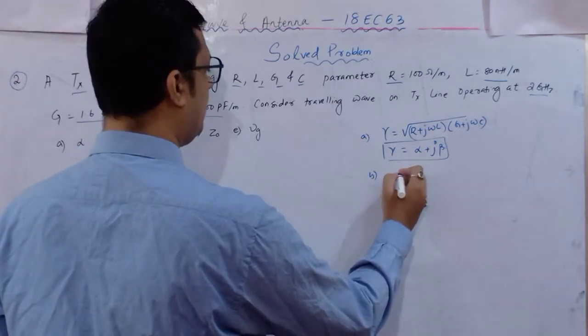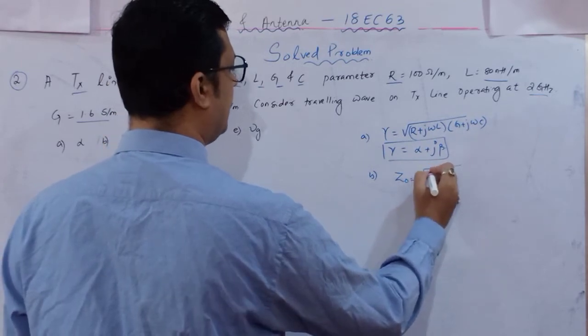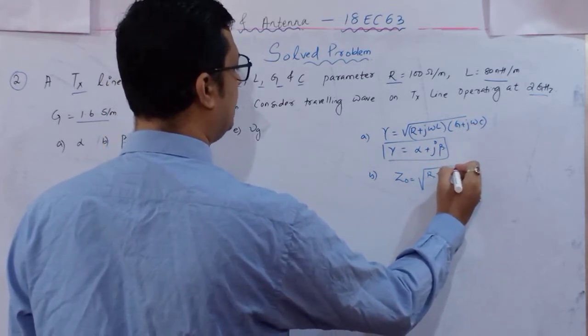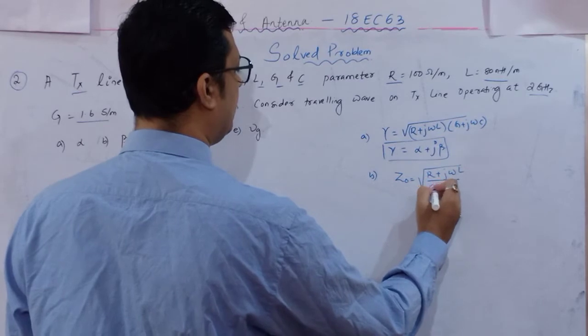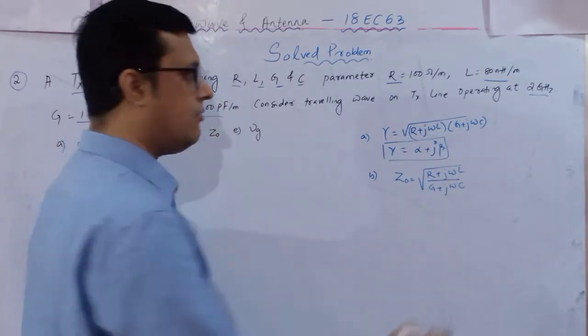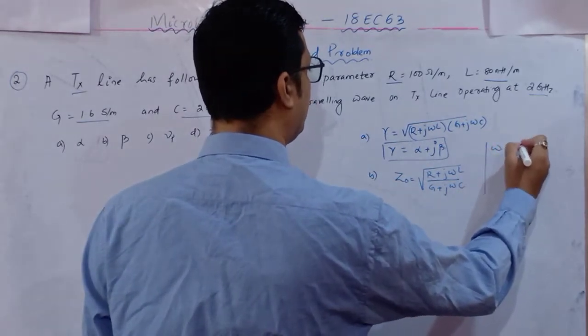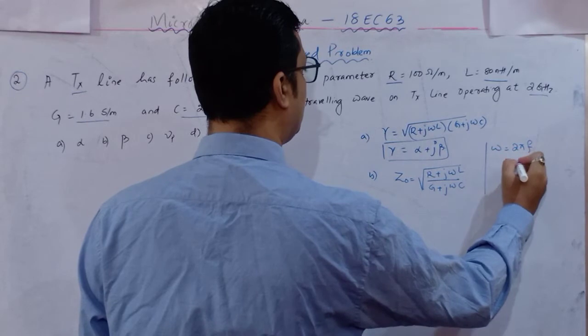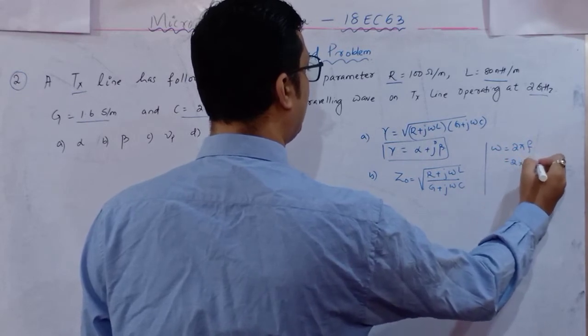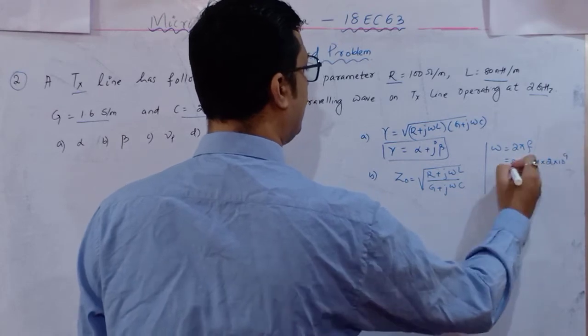Second, in order to determine the characteristic impedance, we have the relation Z0 equal to square root of (R plus j omega L) divided by (G plus j omega C). Now what is the value of omega? The value of omega is 2 pi f. So it is 2 times 3.14 times f, and f is 2 gigahertz, 2 into 10 to the power 9.